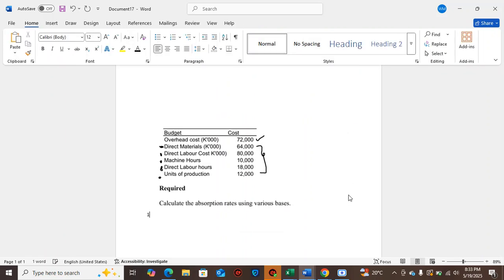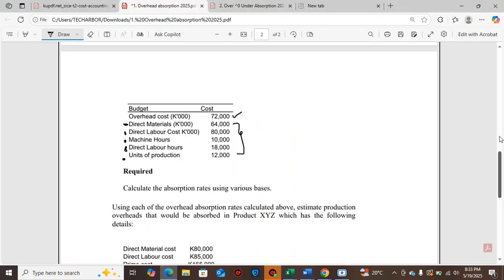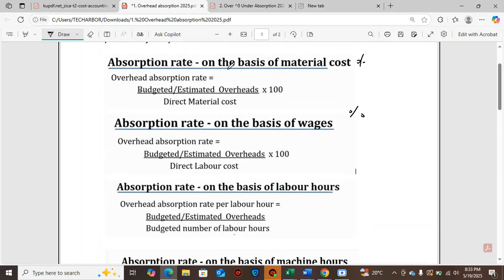So our first absorption base is direct materials. We're going to use this formula here: the total overheads divided by the direct material cost, then we multiply that by 100.